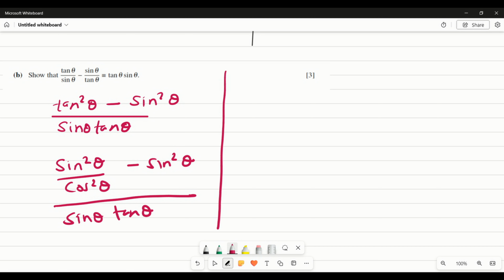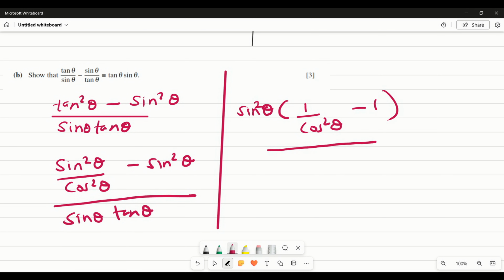So here we can easily factorize. So we'll say sin squared theta into 1 over cosine squared theta minus 1, over the denominator we are having sin theta tan theta.